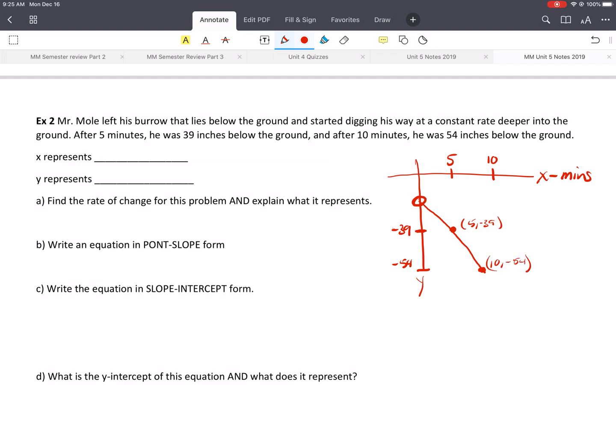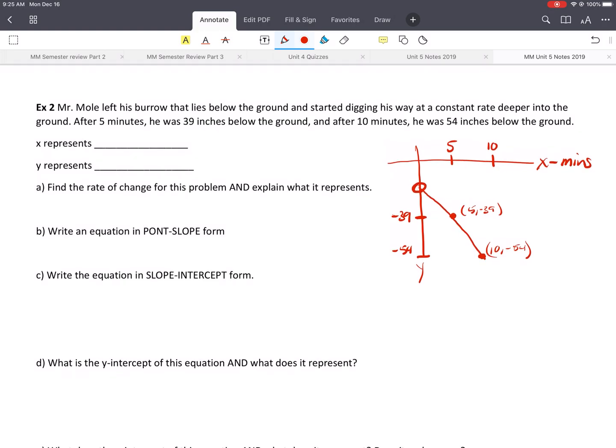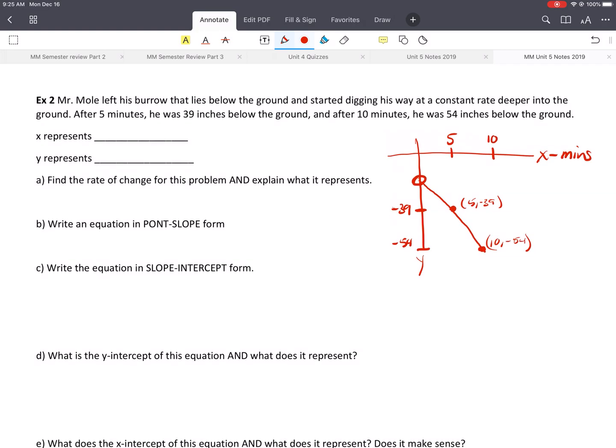In our class beforehand, if we have 2 points, and we've done this I think in unit 4 as well, if we have 2 points we can find the slope. Okay, so first off it says X represents, I think we already wrote this down kind of. X is our minutes, and Y represents depth in inches. I guess you could say this would be time in minutes.